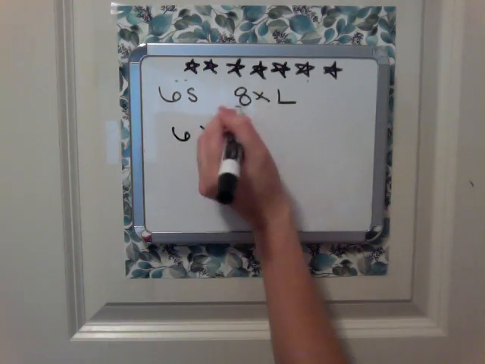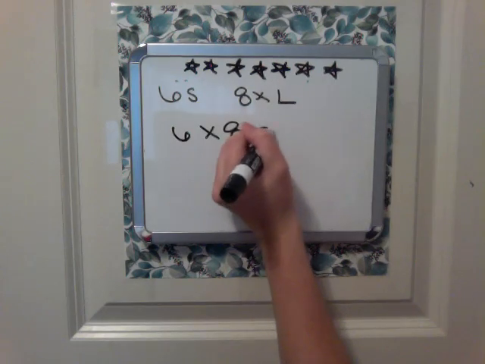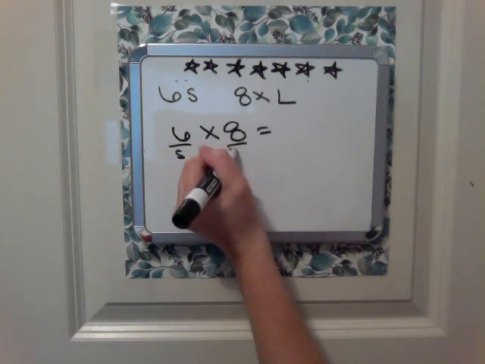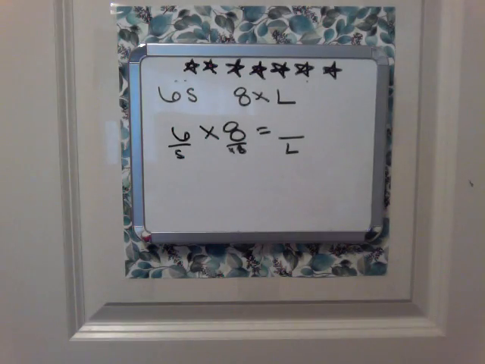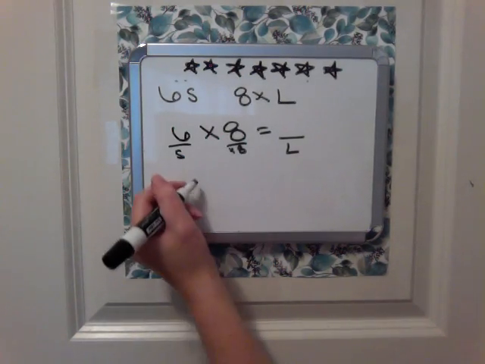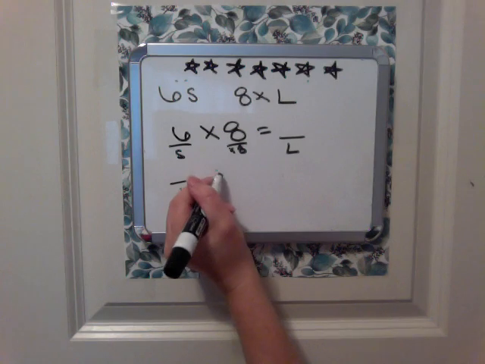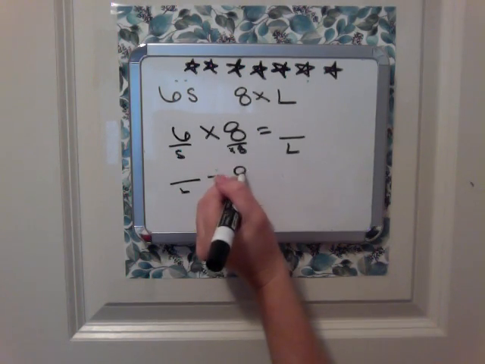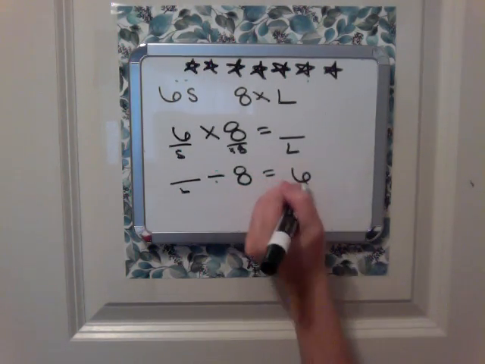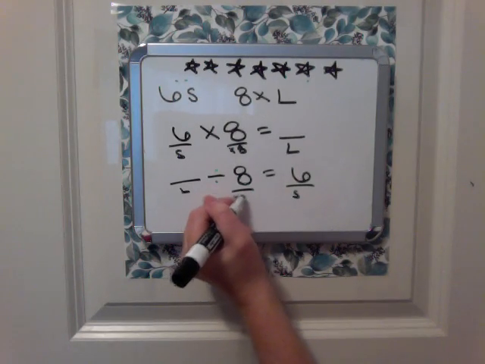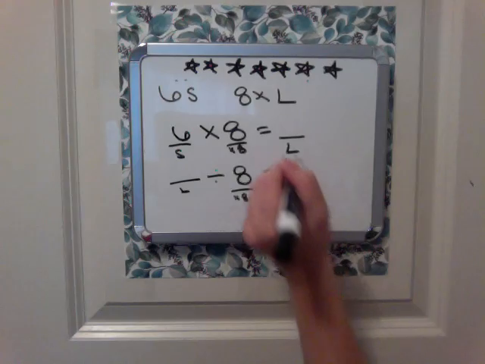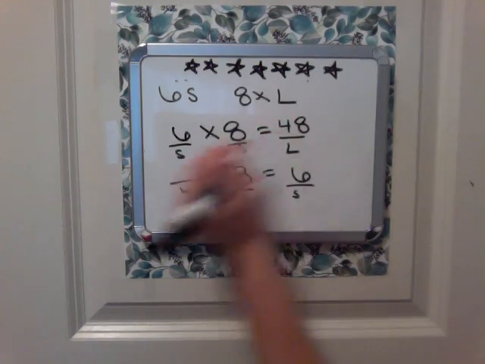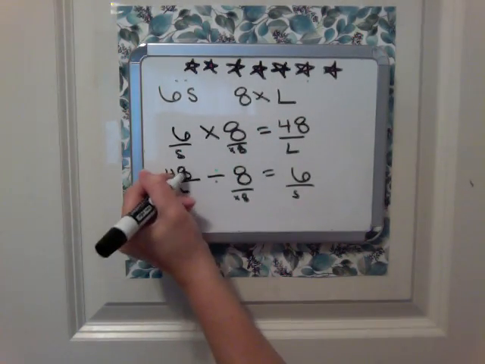So if we have 6 small times 8, that gives us how many large? Or if you look at it backwards, you could say how many large is 8 times as great as the 6 small. 6 times 8 went on a date. When they got back, they were 48.